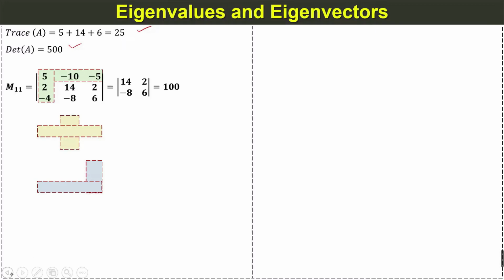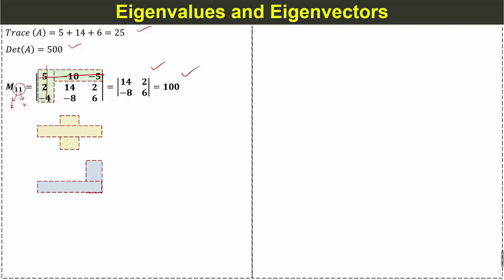Here we have the first minor, M11, in which we leave the first row and first column. After leaving the first row and first column we have the elements 14, 2, minus 8 and 6, and by solving this we get 100.